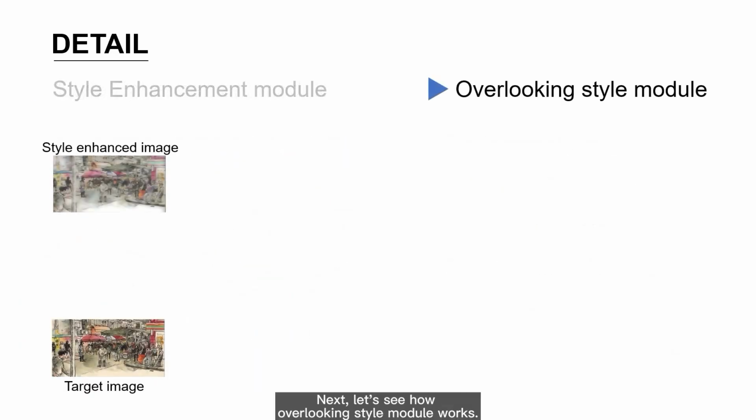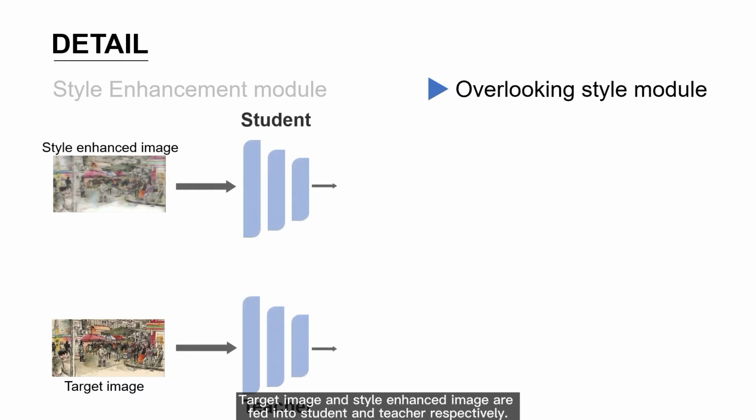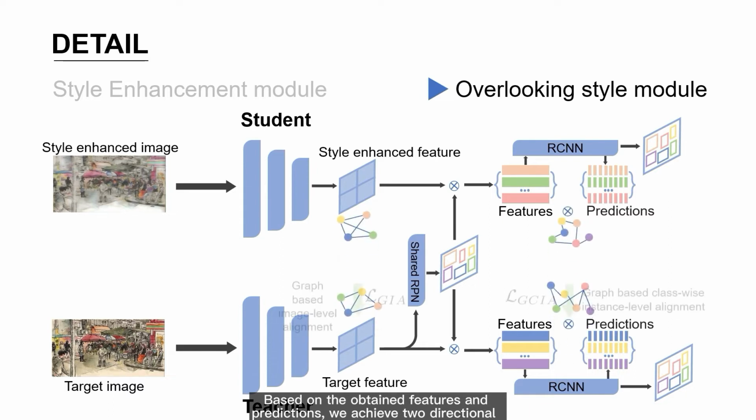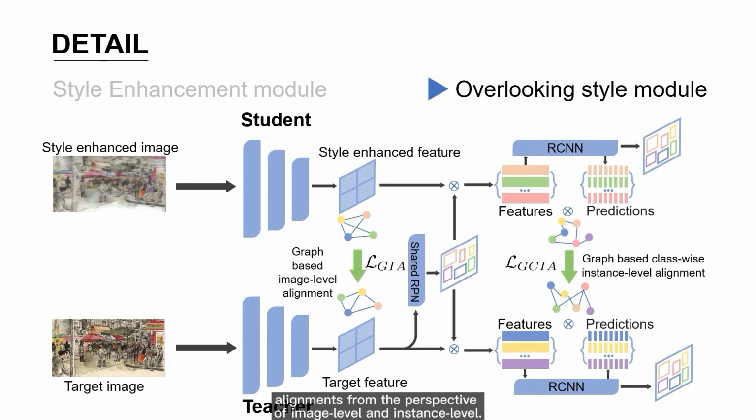Next, let's see how the overlooking style module works. Target image and style enhanced image are fed into the student and teacher respectively. Based on the obtained features and predictions, we achieve two directional alignments from the perspective of image level and instance level.